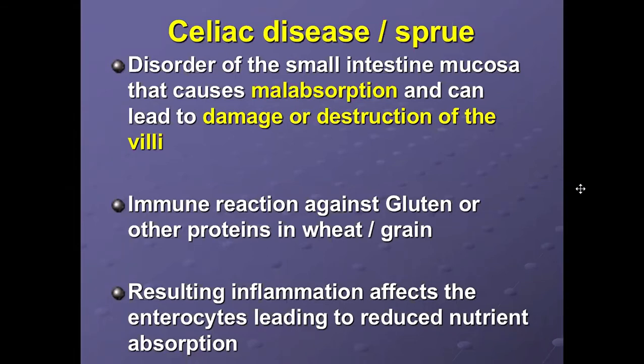This is an immune reaction against gluten or other proteins in wheat or grain, and the resulting inflammation affects the enterocytes, leading to reduced nutrient absorption.